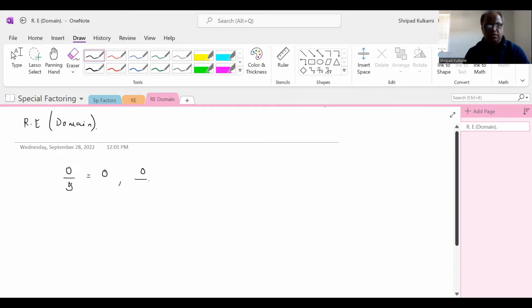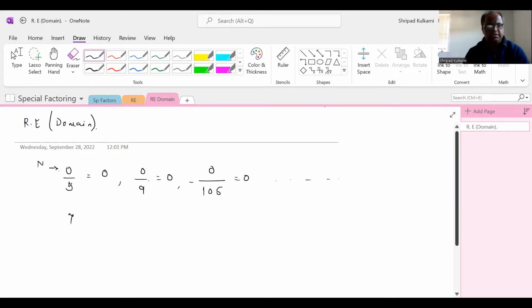What is 0 over 9? 0. What is 0 over 105? Still 0, and so on. So you know that if the numerator has 0, and of course you can make many combinations, negative, positive, variable, everything, it is still 0.